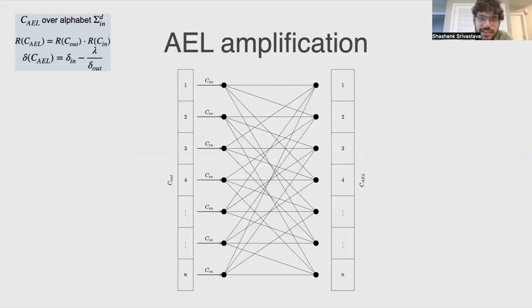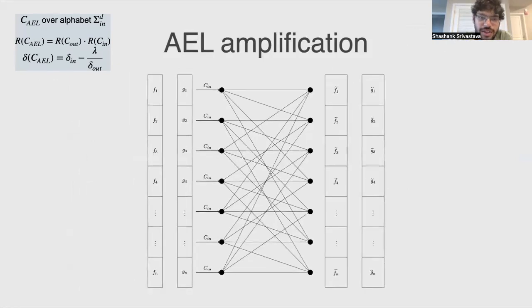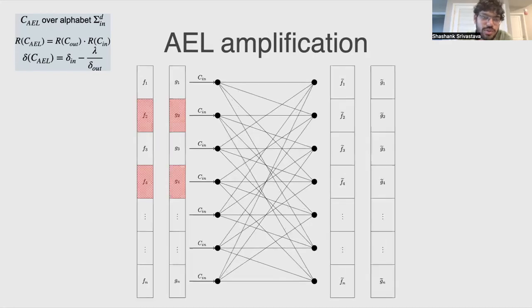Roughly speaking, the distance of the code gets boosted during AEL, because if we look at any two codewords in this AEL code, they are going to differ on a few left vertices. But thanks to this inner code, a lot of the edges within these two neighborhoods are going to be corrupt.